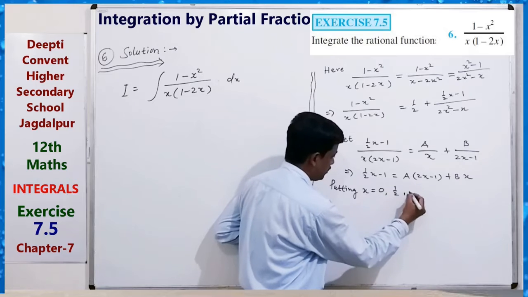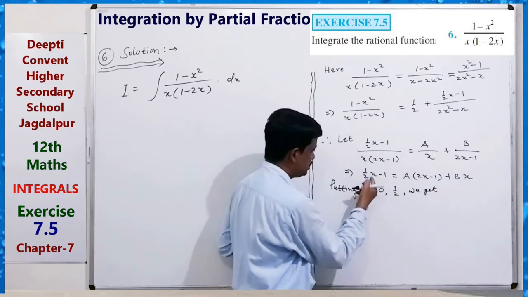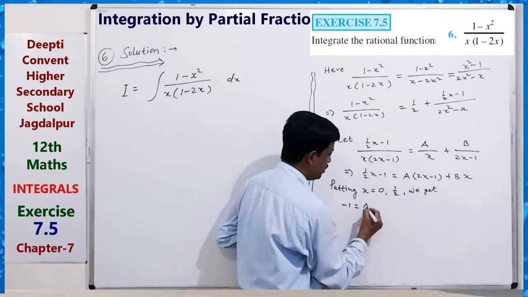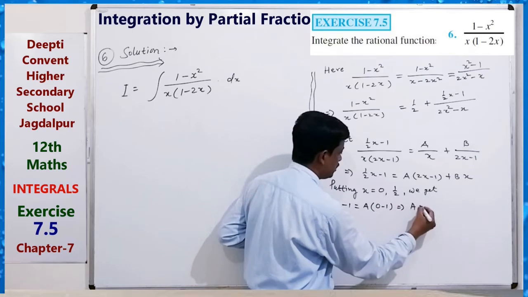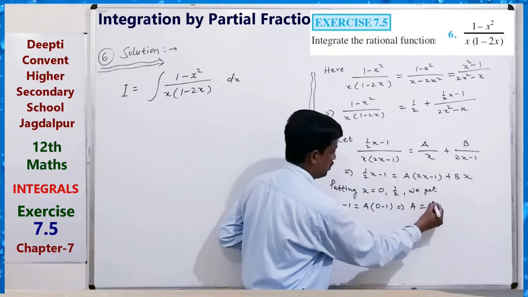Putting this we get minus 1 equals, here x equal to 0, this is 0, this is A into (0 minus 1), that is A equals to minus A minus 1, so A equals 1.